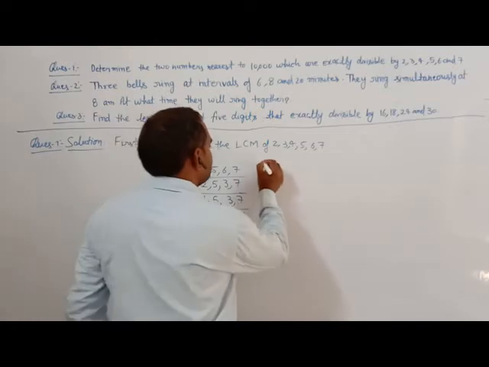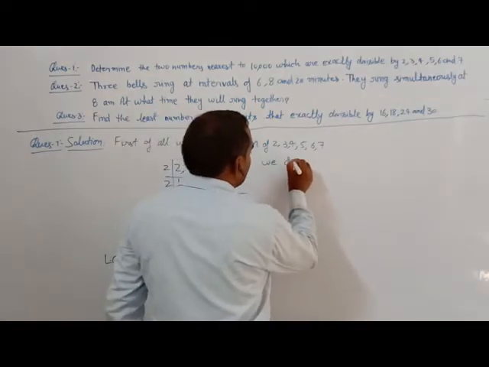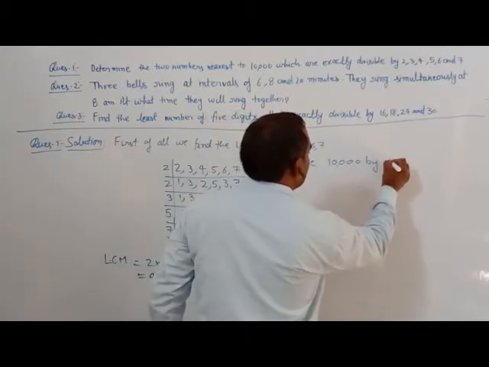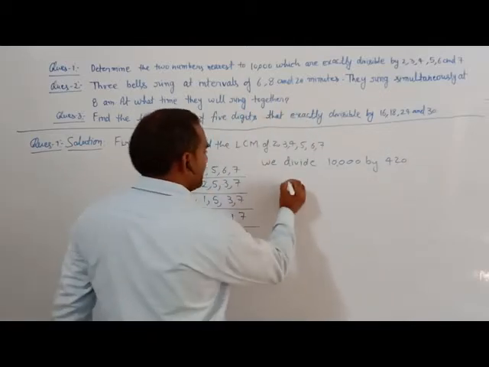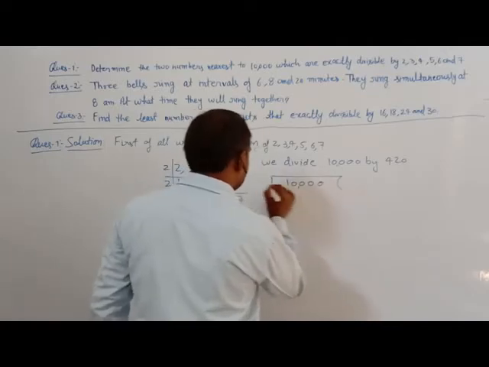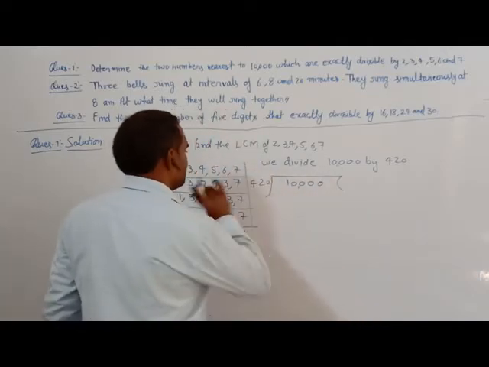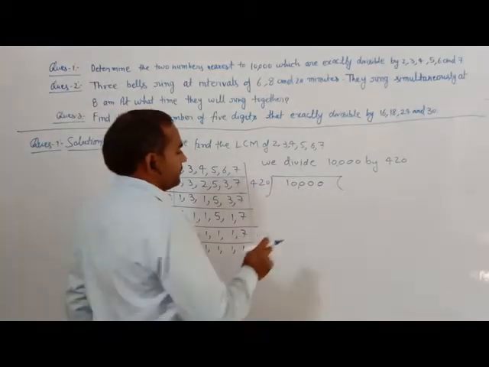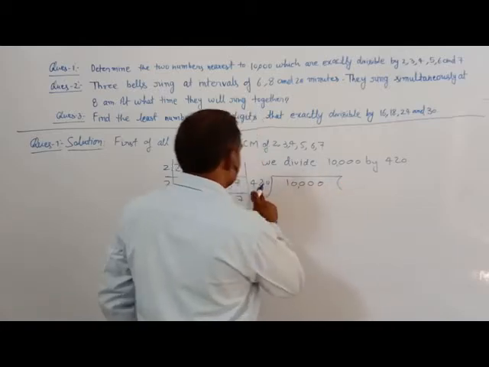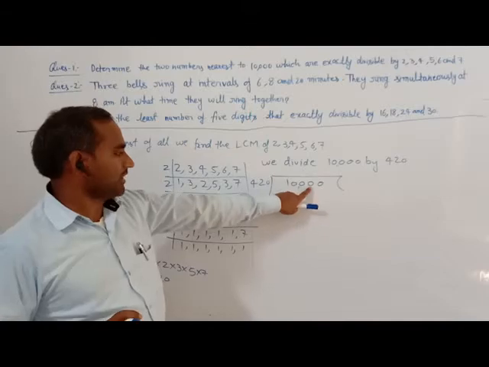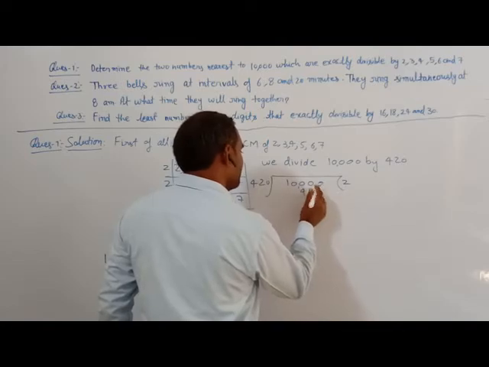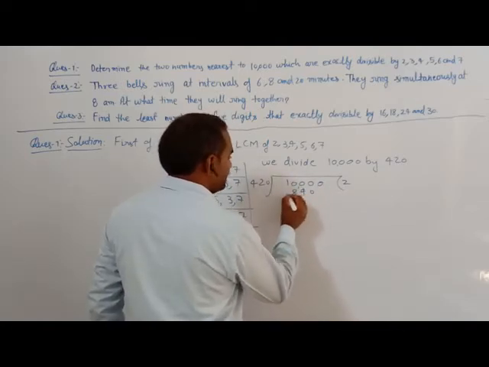We divide 10,000 by 420. 420 goes into 1000 so 2 times. 2 twos are 4, 2 fours are 8.